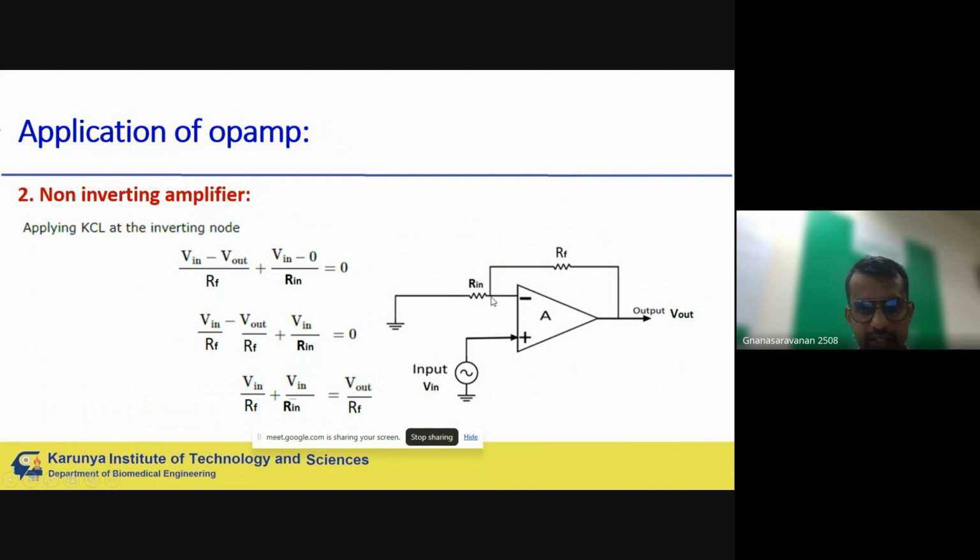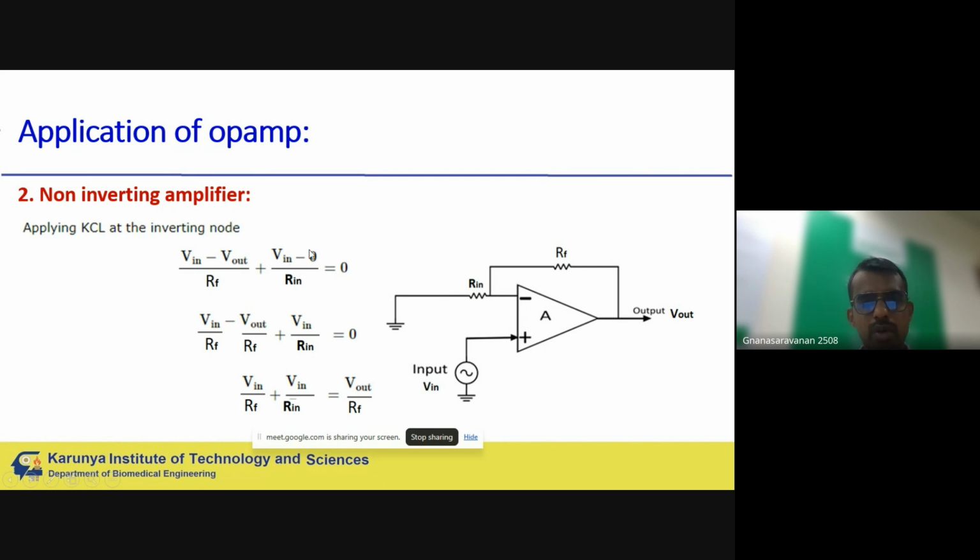Applying KCL at this point, it is (Vin minus 0), as it is grounded, divided by Rin, plus there's no current here, there is only current through the feedback path. So it is (Vin minus Vout) divided by Rf is equal to 0. And the sum of the currents at a node is equal to 0.